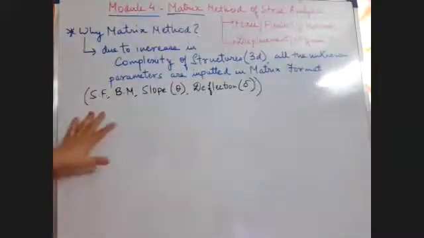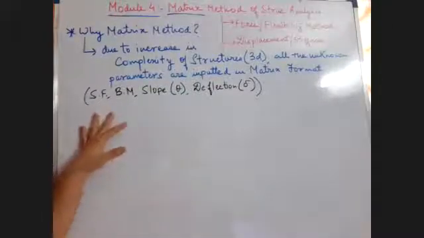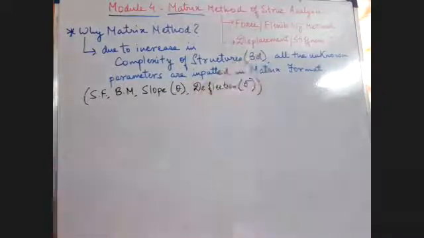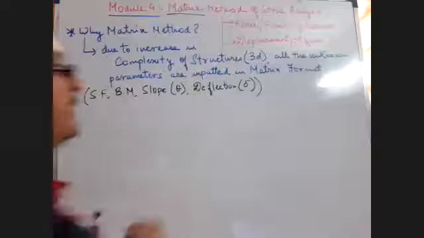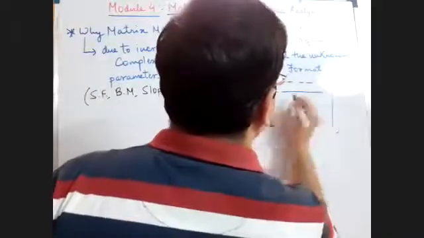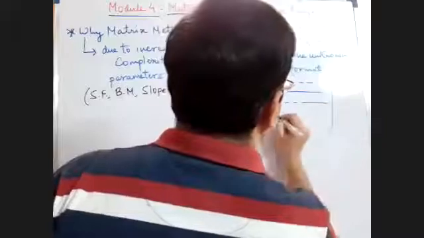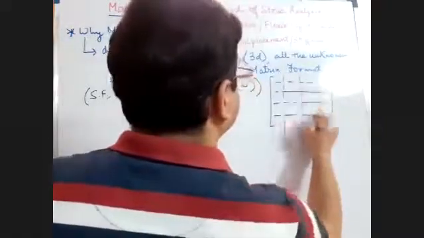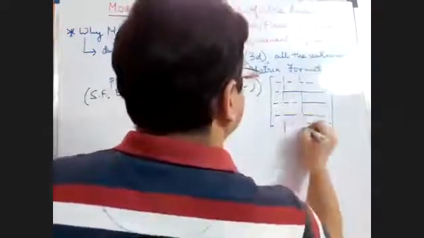So all these redundancies, which are shear force, bending moment, slope, deflection, are inputted in a matrix form. That means in a matrix which obviously contains rows and columns.